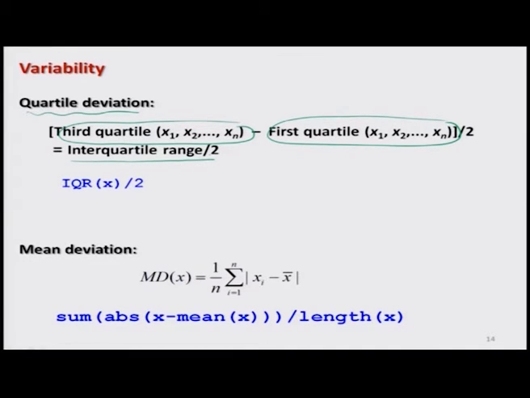So, there is no need to have a separate function for computing the quartile deviation. Once we have a function for computing the interquartile range, I simply have to make it half. So, the syntax to compute the quartile deviation is simply IQR of the data vector x divided by 2. That is pretty simple and straightforward.